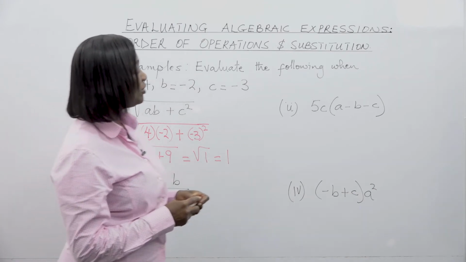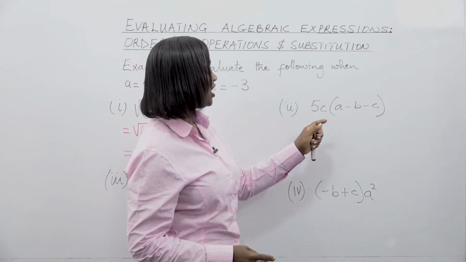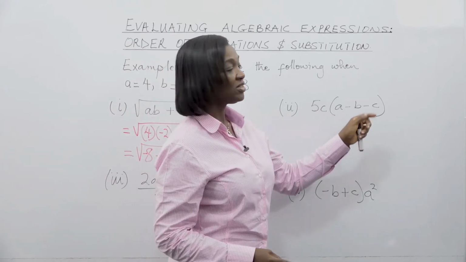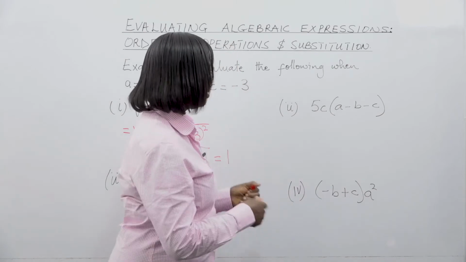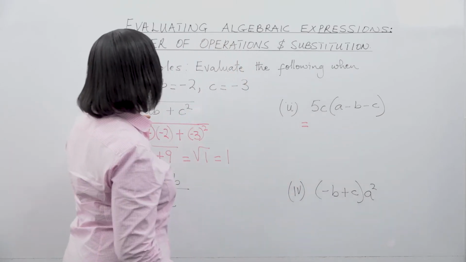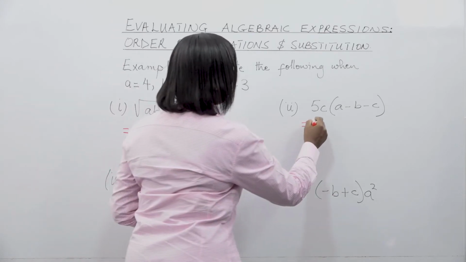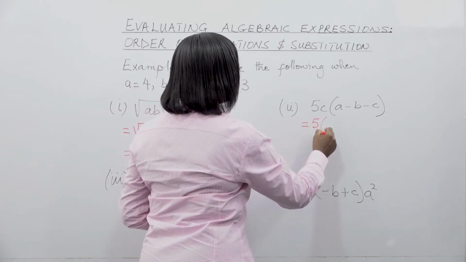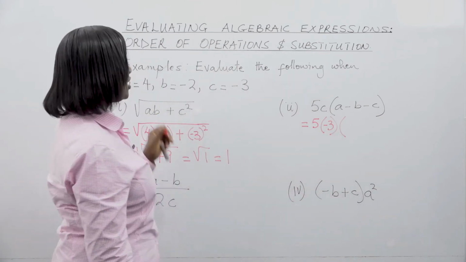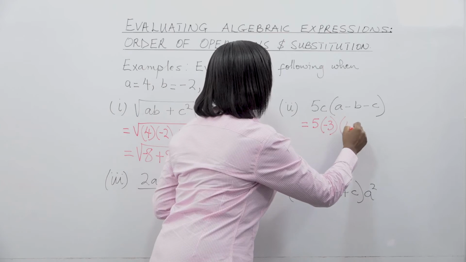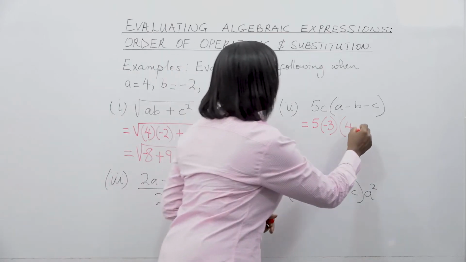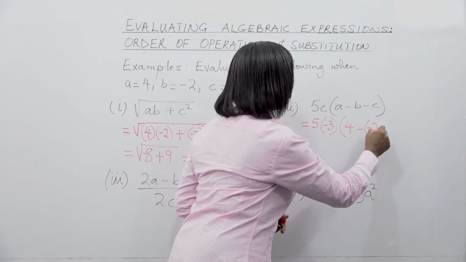In the next example, 5c into bracket a minus b minus c, bracket close. Let's substitute the values. C is minus 3, so we have 5 times minus 3 into A is 4, minus B, and B is minus 2.